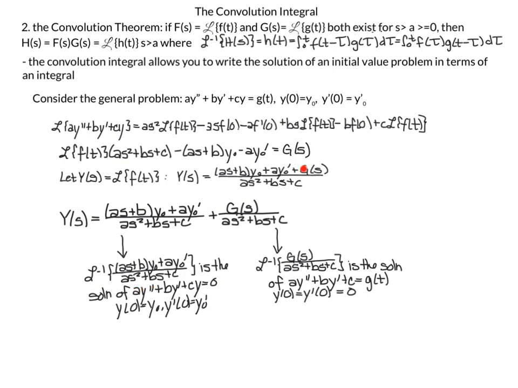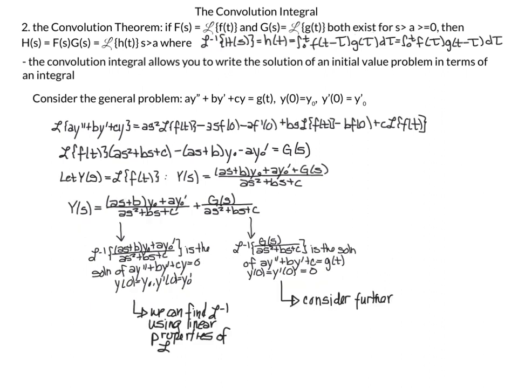The second part, G of s over as squared plus bs plus c, the inverse Laplace transform of this is the solution of the non-homogeneous equation where the initial values are set to 0. For the first part of Y of s, we can find the inverse Laplace transform using the linear properties of the Laplace transform. This we are going to consider further.